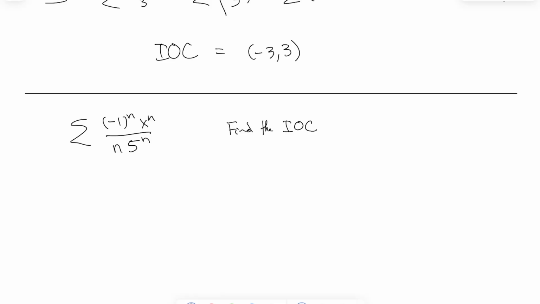Yes, you're eventually going to take the ends. But at this point, I think you just have n on top and n plus one on top. Eventually, you're going to take the limit of this. This is all good.